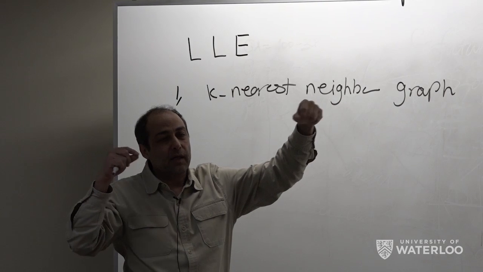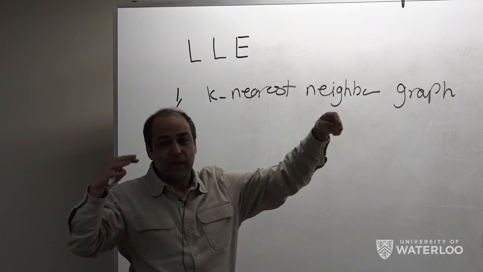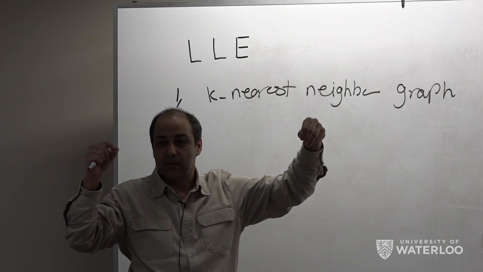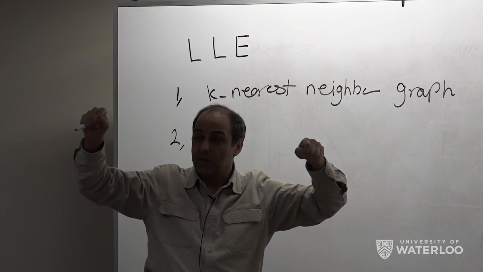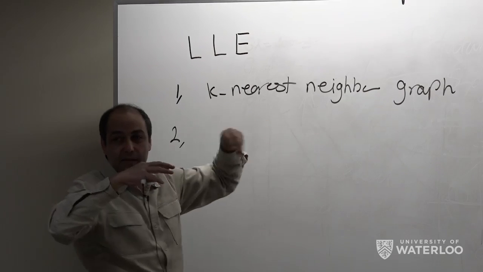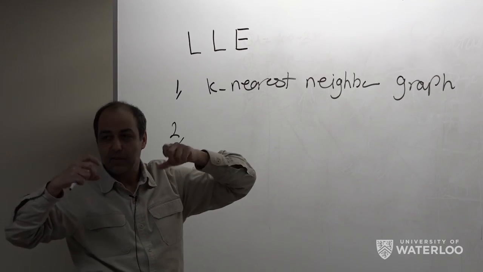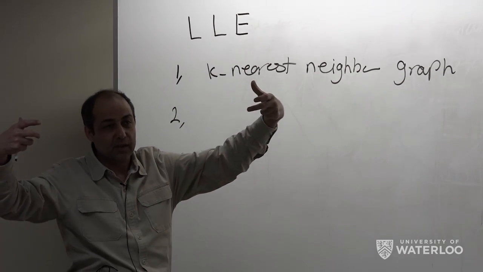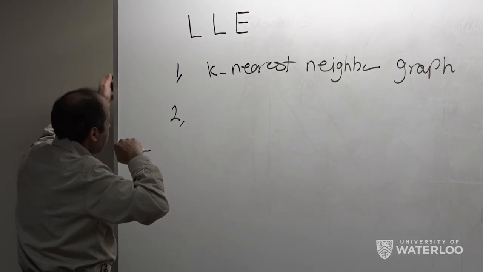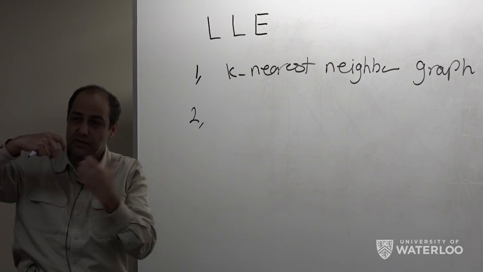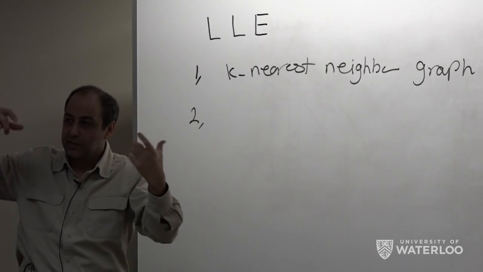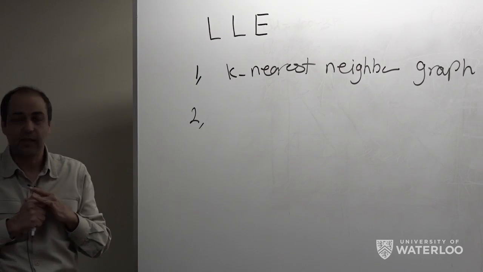I think at the end of the last lecture, I said fully connected. Technically it's not correct, because fully connected means a point is connected to all other points. What I meant was that it needs to be connected. You can't have two separated parts in the graph. If K is too small, you may have a disconnected graph with different parts, and LLE is not going to work in that case.